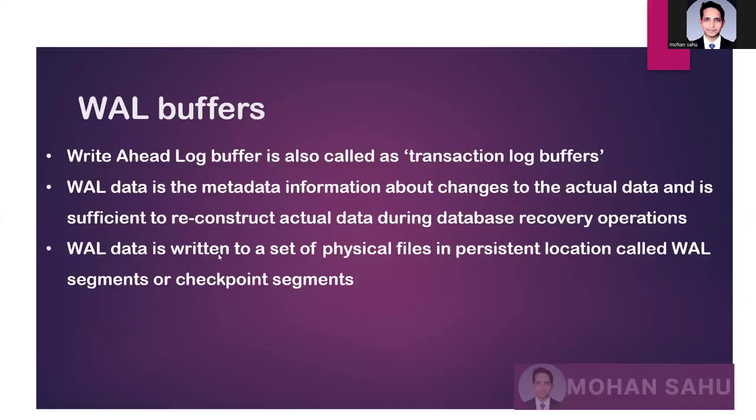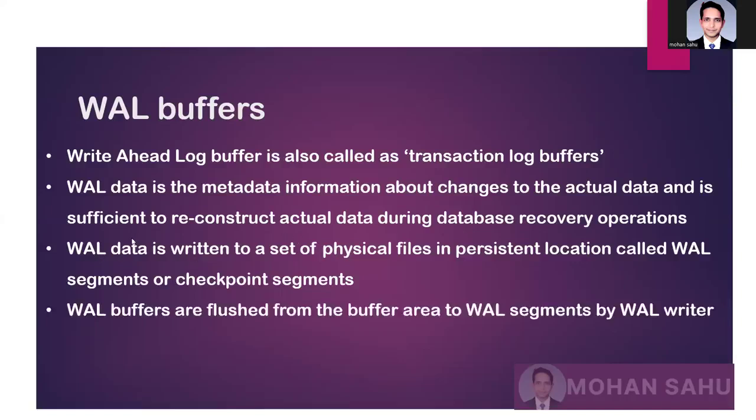So WAL data is written to a set of physical files in a persistent location called the WAL segment or checkpoint segment. Those WAL files we can also call WAL segments, or checkpoint segments. All the changes which have been done in the data will be written to the WAL files.